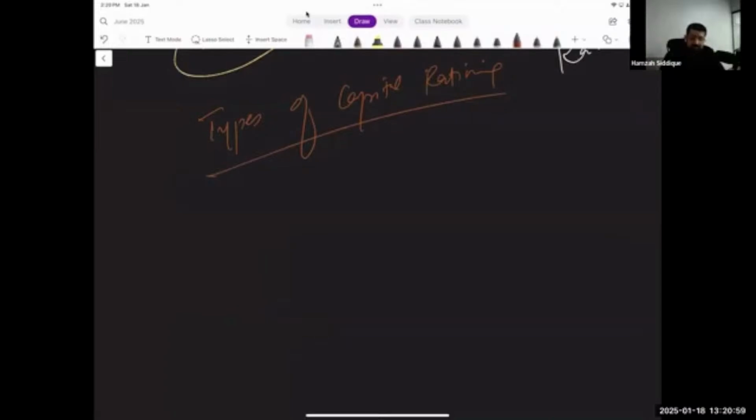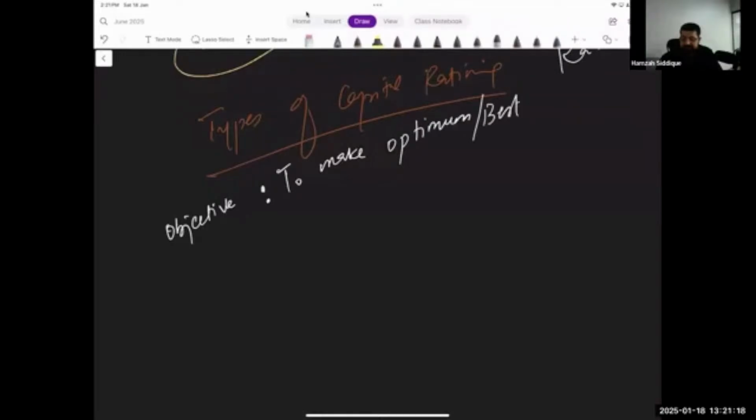The objective is to find ways to make the optimum or best investment plan.